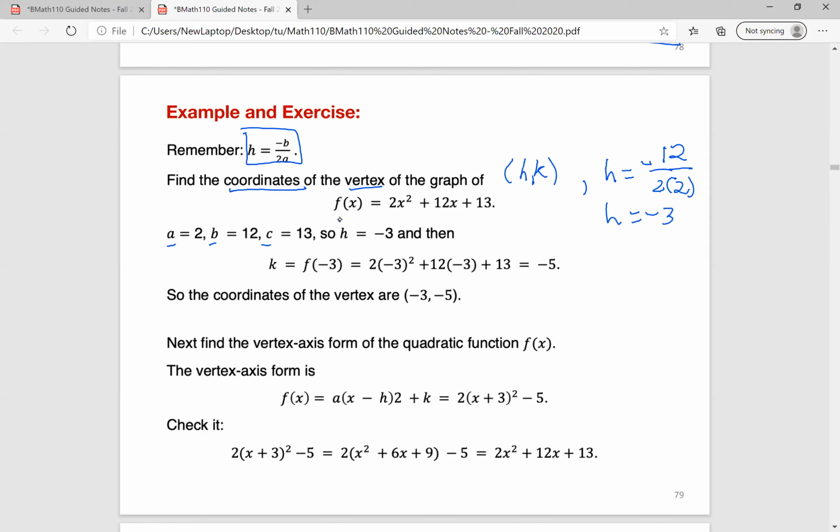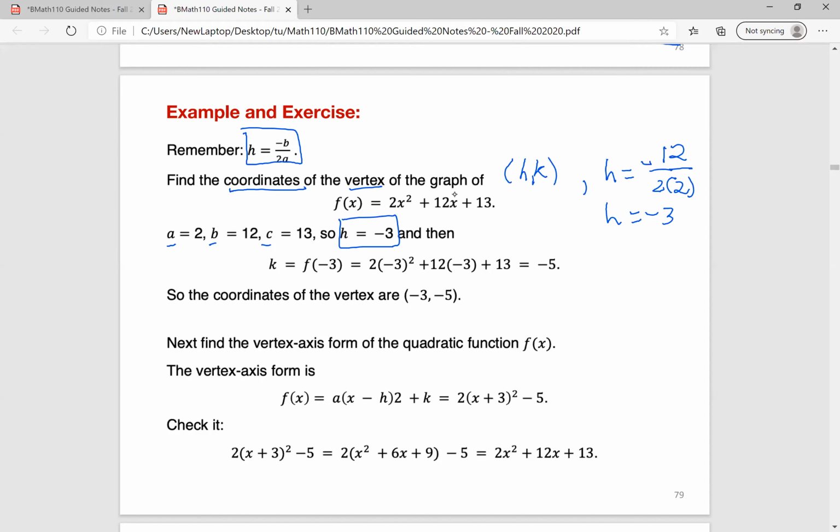Okay, so here I have negative 3 for the h. And then since I have h equal to negative 3, k will be equal to f of negative 3. And then I'm going to plug this negative 3 into the function f of x here, and change all the x to negative 3.